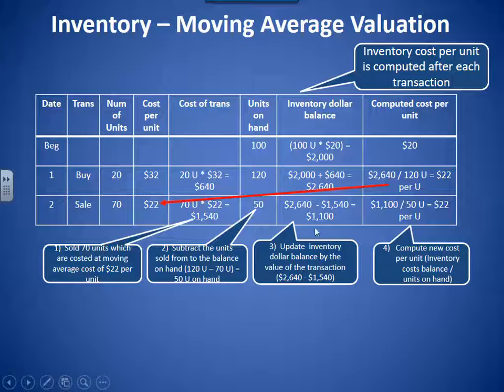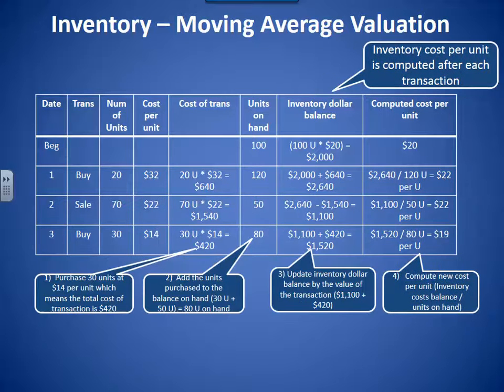So we have a remaining balance of $1,100. We take the $1,100 balance and divide it by our 50 units remaining, and we have a value of $22 per unit.